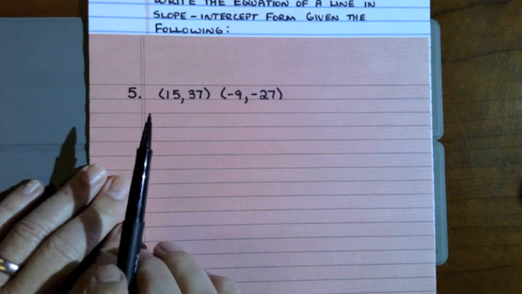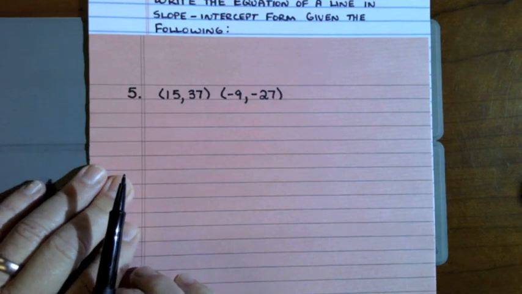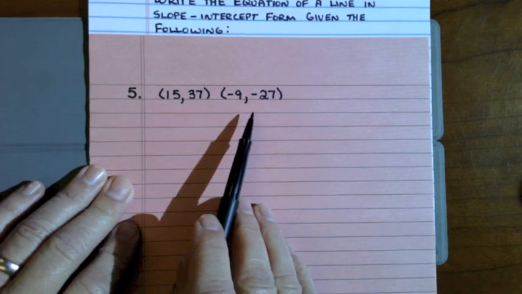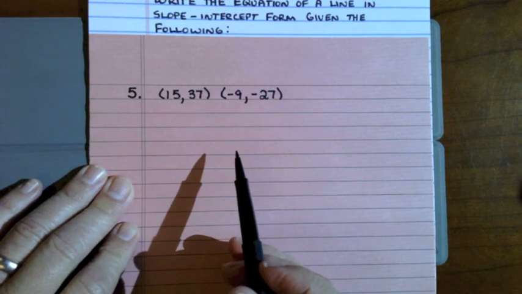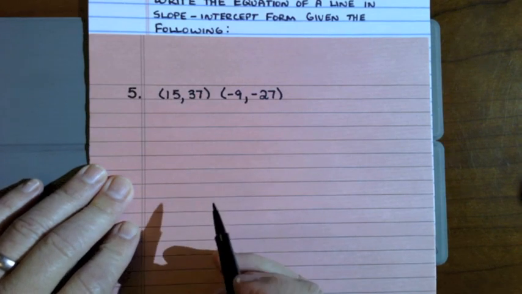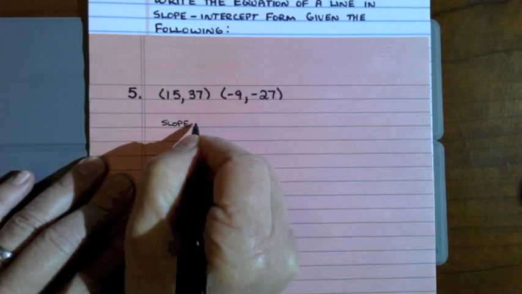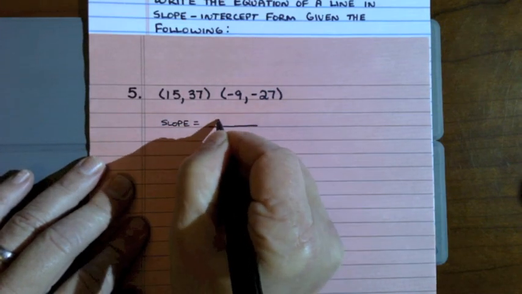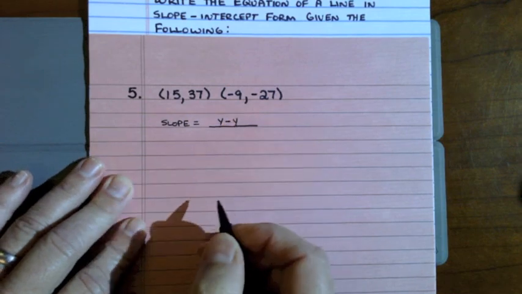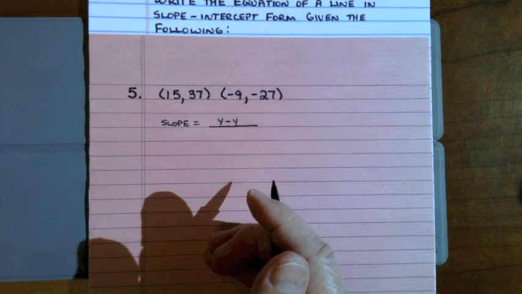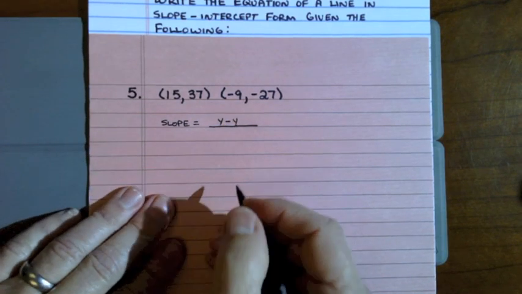They want me to write an equation of a line in slope-intercept form. They've given me 2 points. They haven't given me the slope or the y-intercept, and those are the 2 things I need. So I'm going to use the slope formula to figure out what the slope is. The slope formula tells me to take my y's, subtract them, put it in the top. Take my x's, subtract them, put it in the bottom.